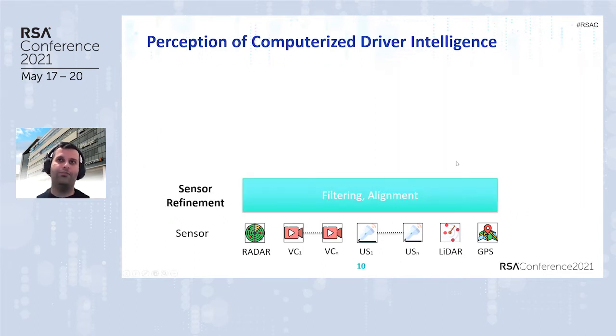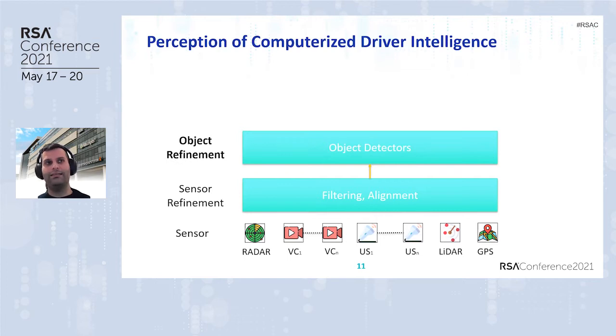On top of this layer, there is the sensor refinement layer, which consists of algorithms used for filtering and alignment and some digital signal processing. On top of this layer, there's the object refinement layer. I will speak about object detectors in a few slides.